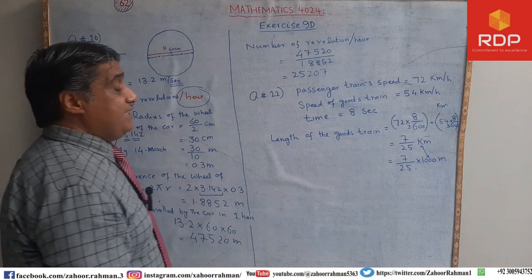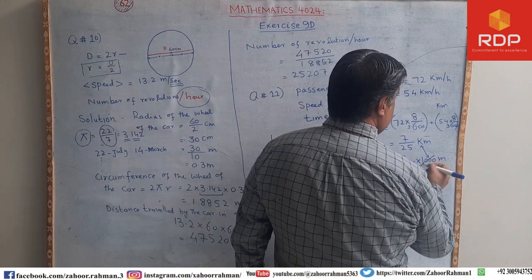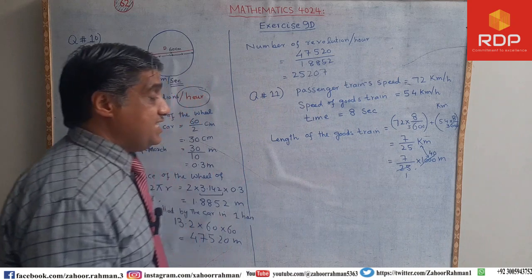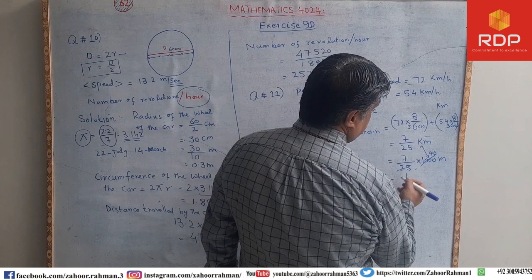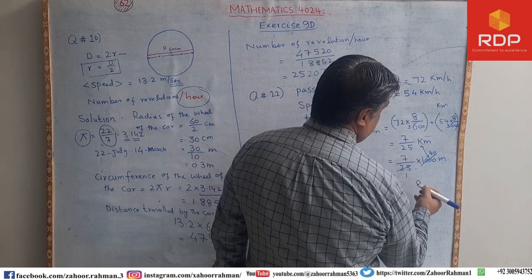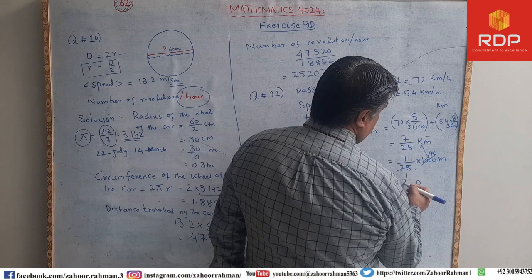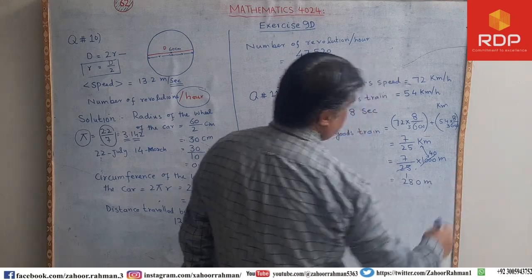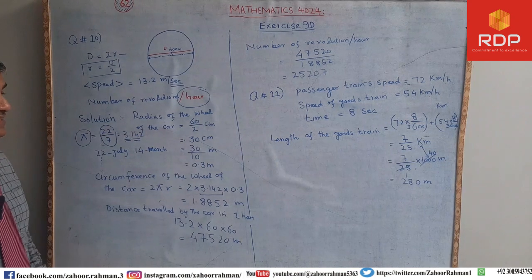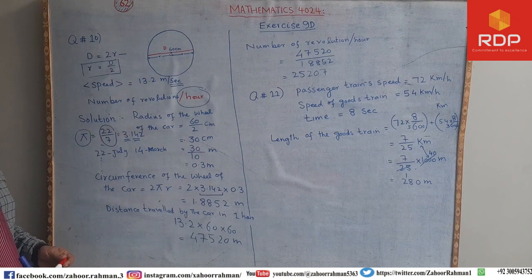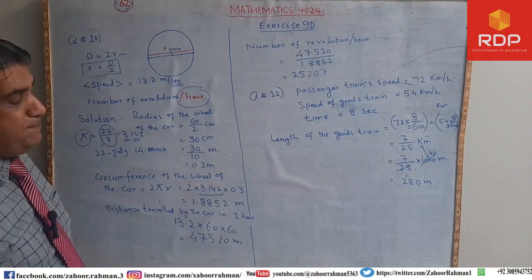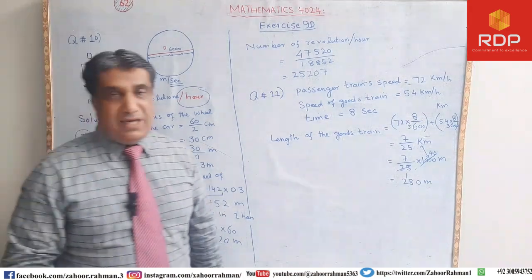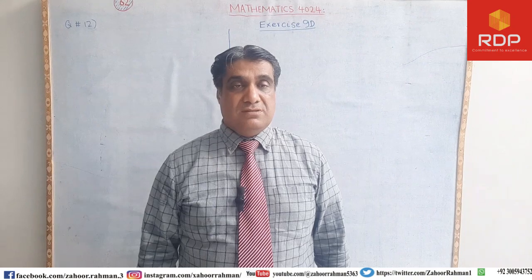Now when we multiply both of them, we get 280 meter, now it is making sense. It is looking sensible that the length of the goods train which is coming from the opposite side is 280 meter.